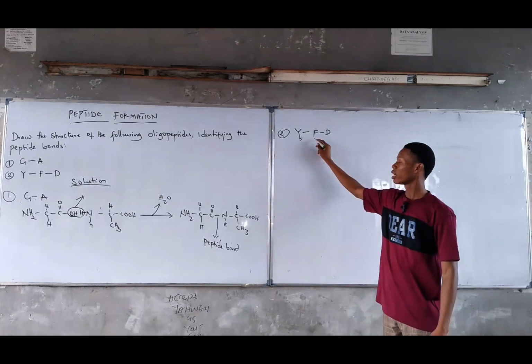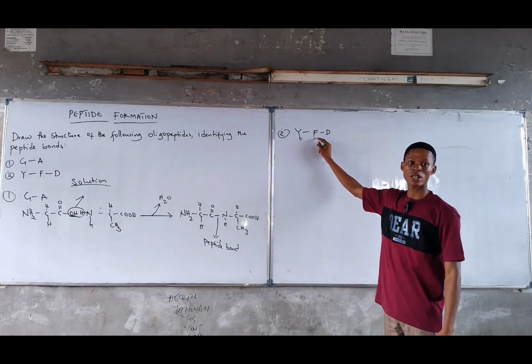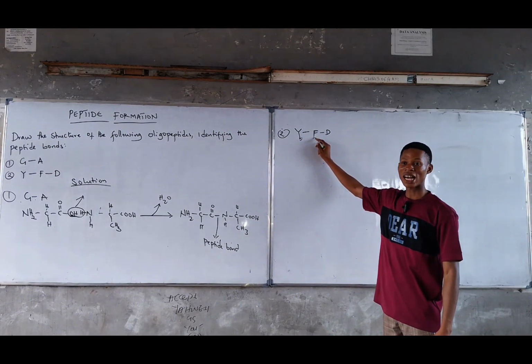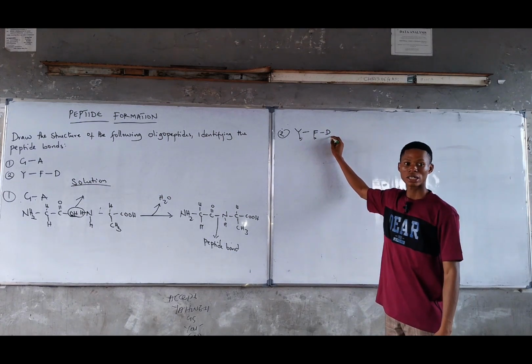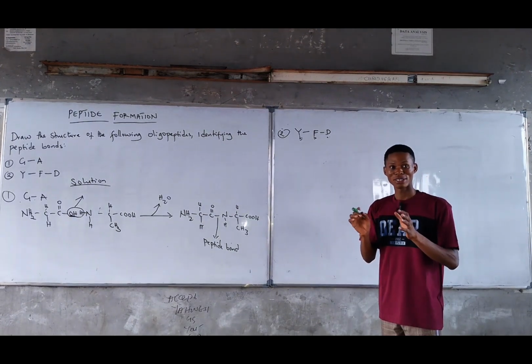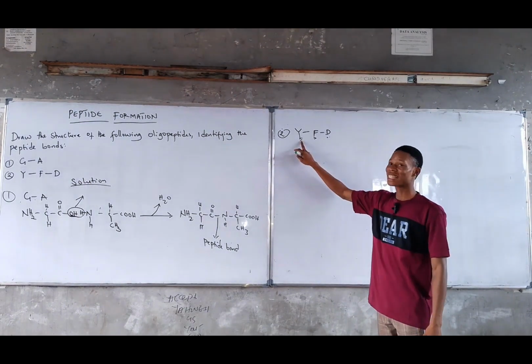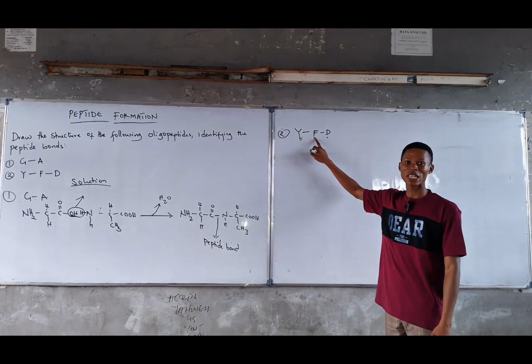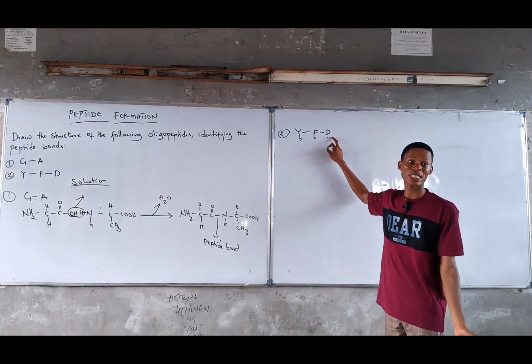Tyrosine. F is phenylalanine, and D is what? Aspartic acid. So are you seeing it now? This is tyrosine, this is phenylalanine, and this is aspartic acid.